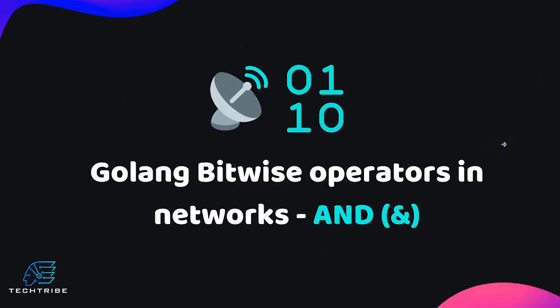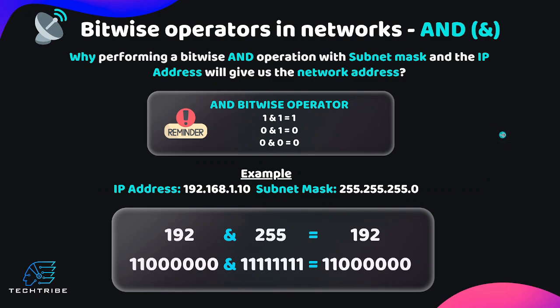Now, let's understand why performing a bitwise AND operation with the subnet mask and the IP address will give us the network address. For the AND operator, we will check which are the common values, right? If both of them are true, it will keep true, but if either of them is false, it will be false. So you get it.